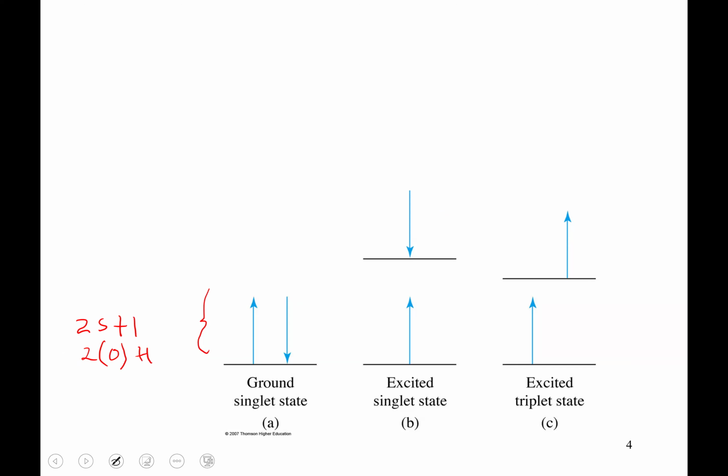Just conventionally, this is minus a half, this is plus a half. Again, you notice that the total spin in this state is S equals a half minus a half, which is 0, and therefore 2S plus 1 equals 1. It's also a singlet state, as you can see. That's why it's called a singlet state.